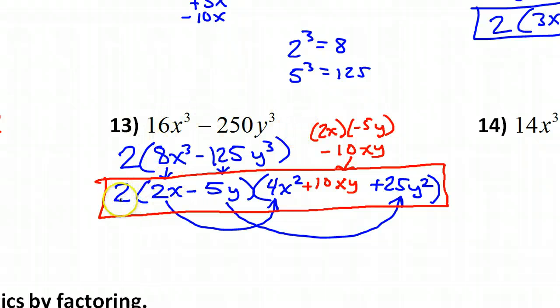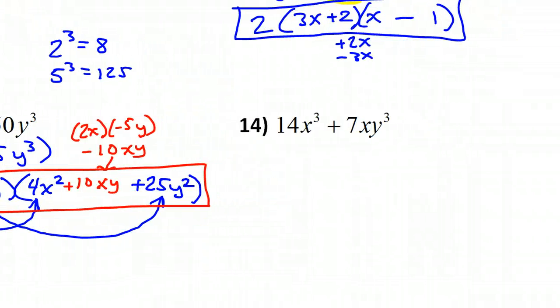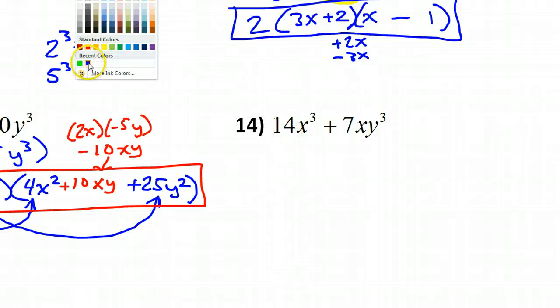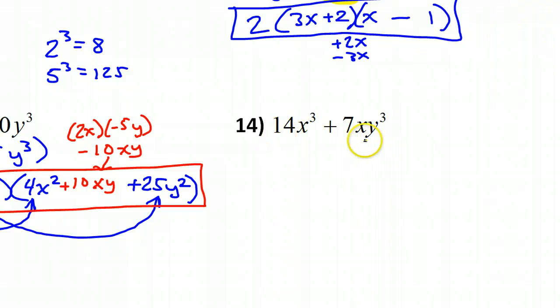Okay, looking at number 14. Once again, first step of factoring. Look for the GCF. Both of these are divisible by 7, and they both have at least one x. So 7x is the common factor.